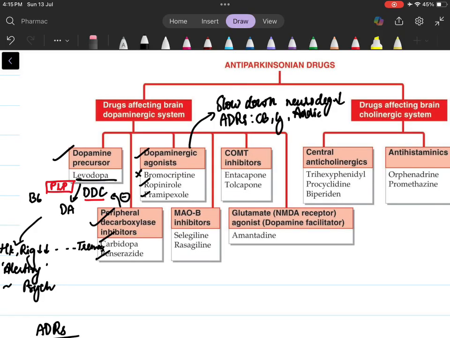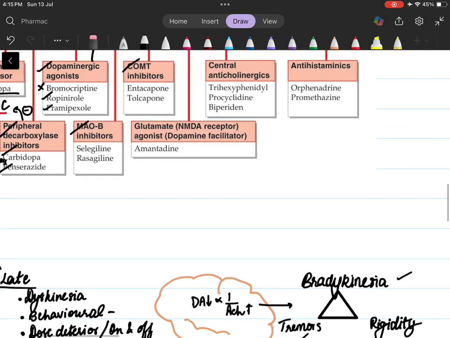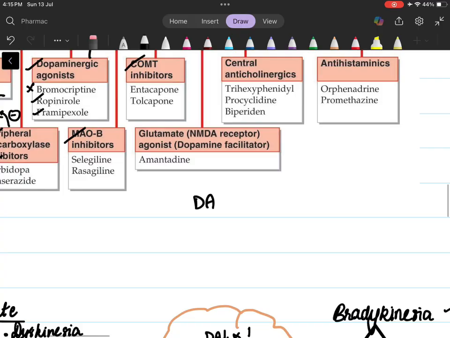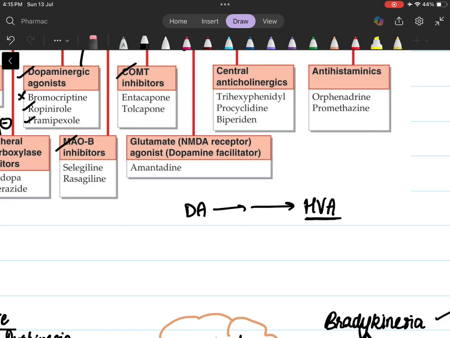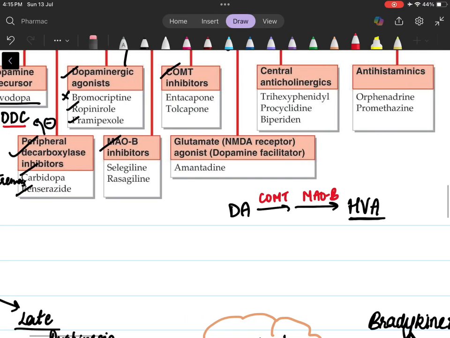Now, what is COMT and MAO-B? For this, we need to understand some basics about the metabolism of dopamine. Dopamine is broken down into homovanillic acid, that is the final product of metabolism of dopamine, and this requires two different enzymes, catechol O-methyl transferase and monoamine oxidase B. Similarly, we know that levodopa is converted to dopamine in the presence of dopa decarboxylase.